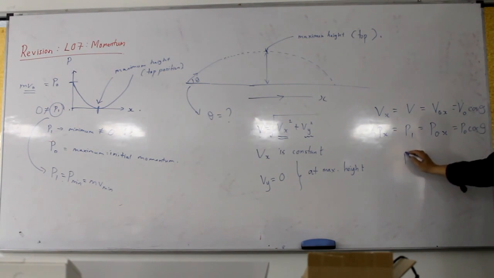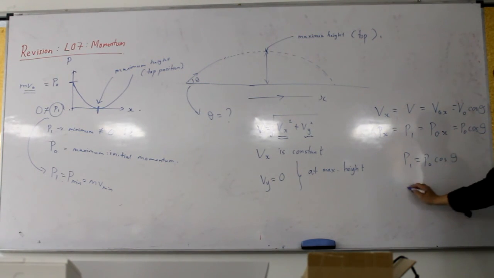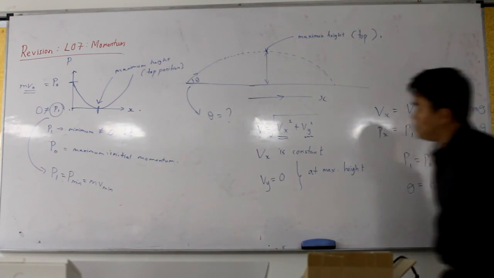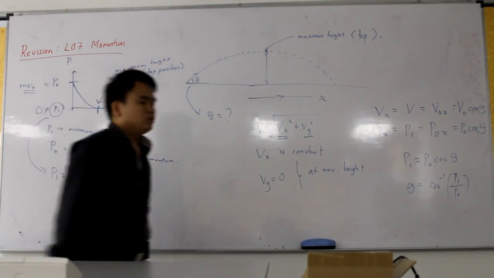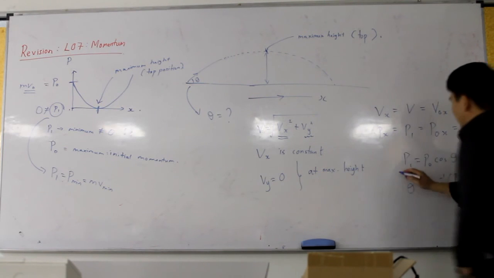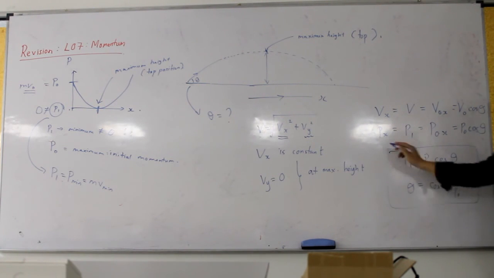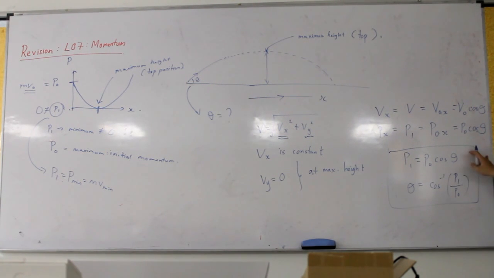Therefore, actually P1 is P naught cos theta. And theta is actually cos inverse of P1 over P naught. If your P1 is given and P naught is given, then you can solve the problem. So for this question, the answer is very easy, involving only these two equations.